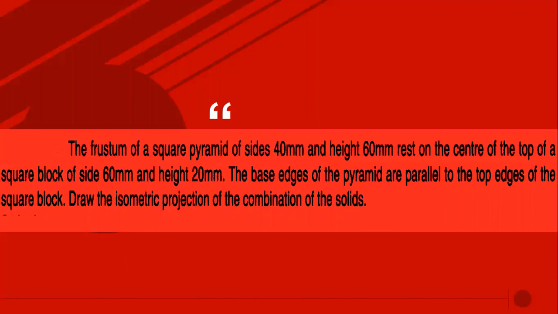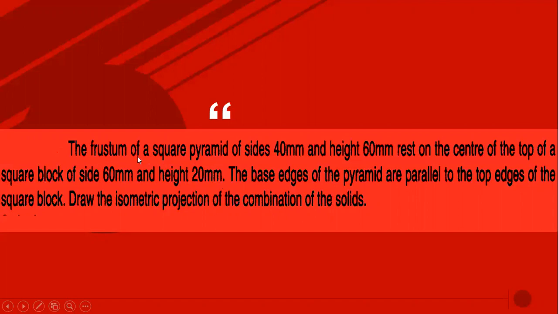Here you are having two solids. One is the frustum of a square pyramid and the other one is a square block. You are going to place the frustum of the square pyramid over the square block. So first you need to construct the square block measuring 60 mm in dimension and height equal to 20 mm.